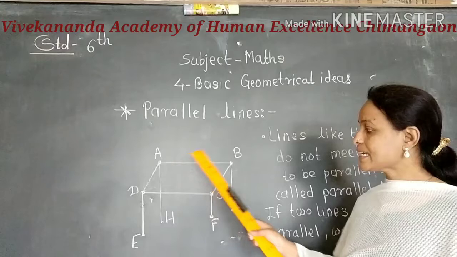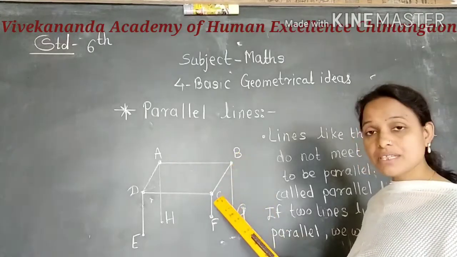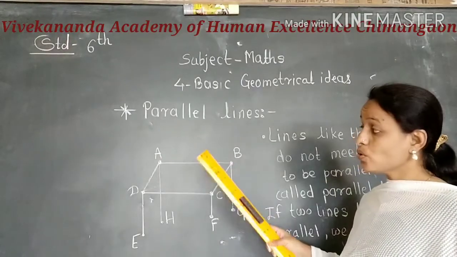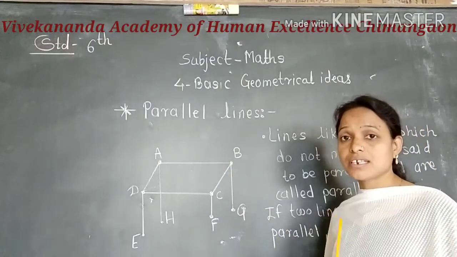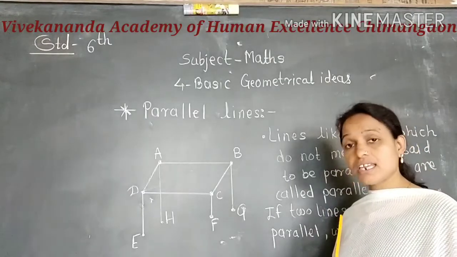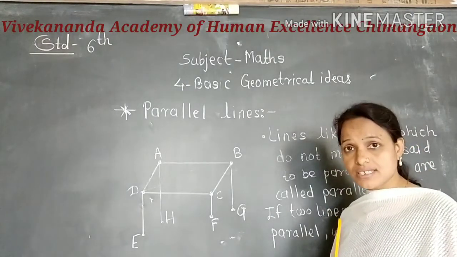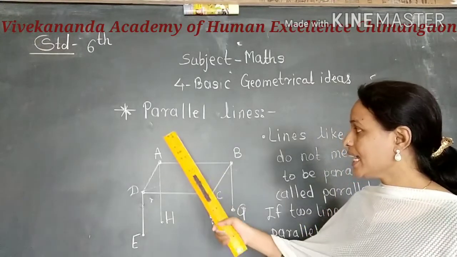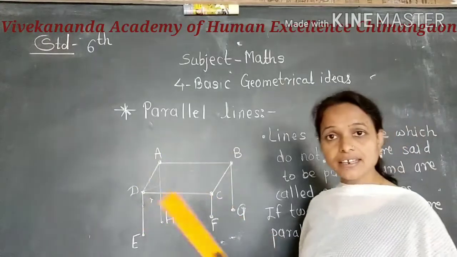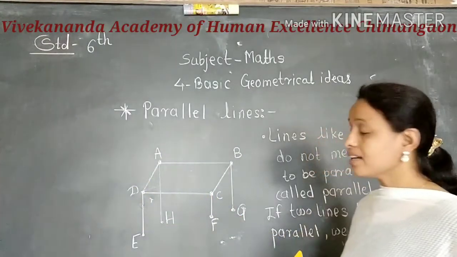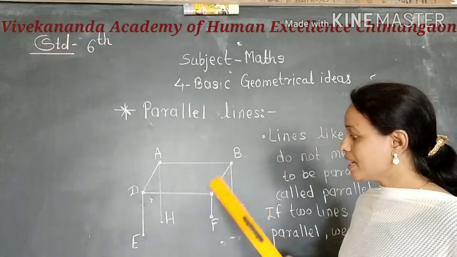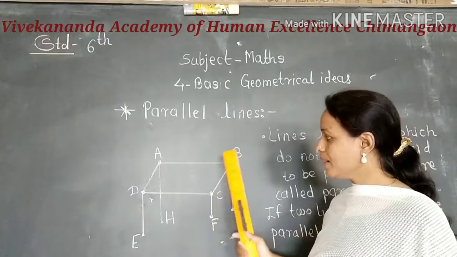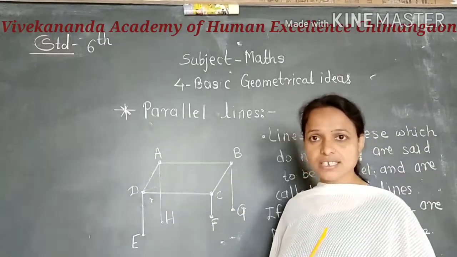Here, line segment AB and line segment BC intersect at point B. Now, which other line segments intersect at point A, point B, point C, and point D? The line segments AB and AD intersect. The line segments AB and BC intersect.